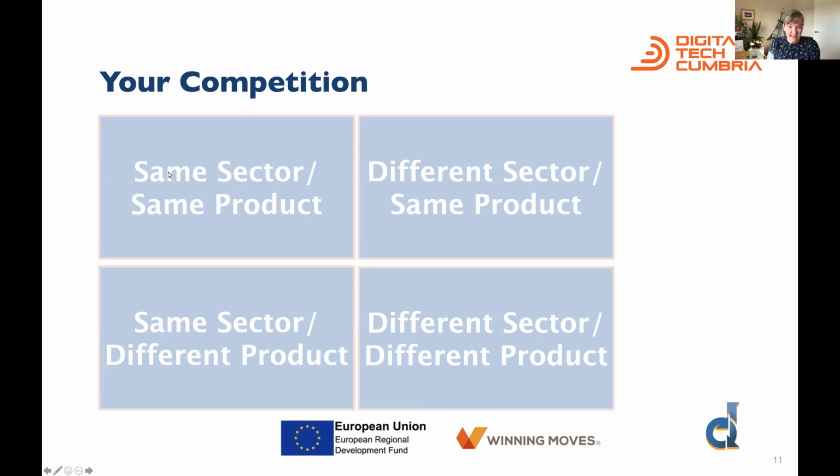If you're running a cafe, it might be that there's other cafes in the area, but you might have amazing coffee: different sector, same product. Could be someone that's selling takeaway coffee: same sector, different product. Could be a cafe that's selling really amazing herbal teas. And different sector, different product would be someone that doesn't want a hot drink.